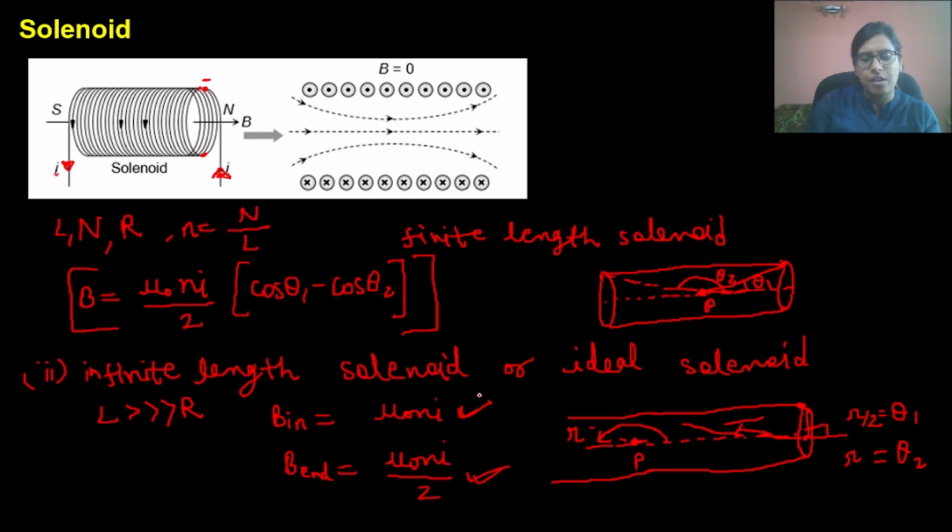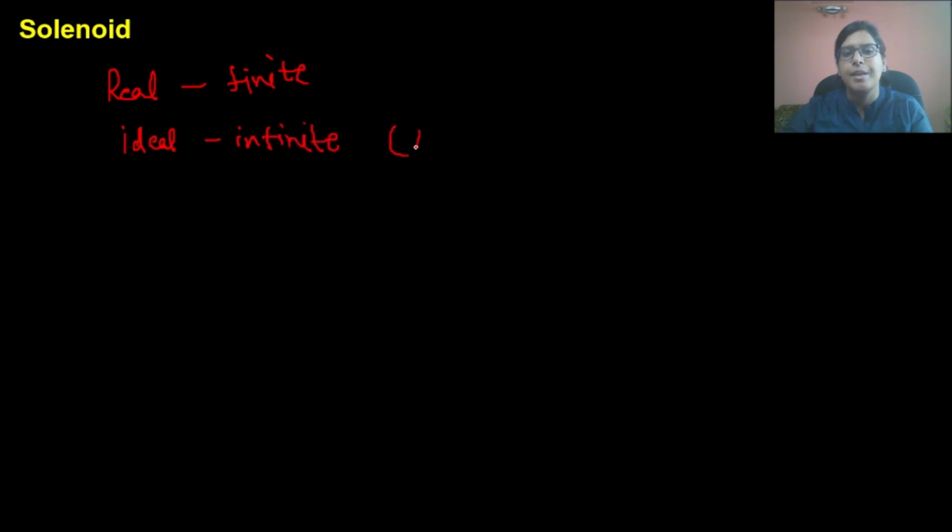Now if we draw the curve for both solenoids, real solenoid and ideal. Real means finite length and ideal means infinite length, that means L is very large in comparison to radius.